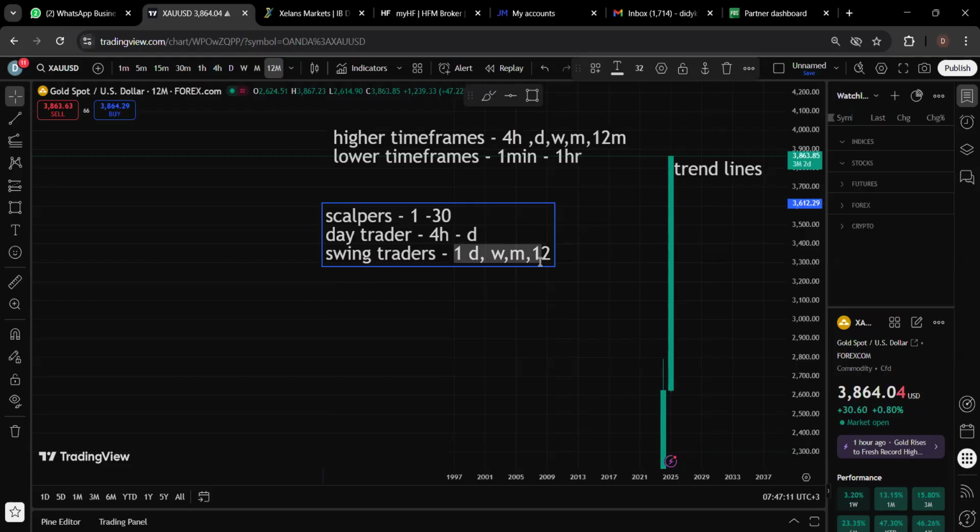So after learning all these, it will be up to you to identify yourself with one of these traders, and see which favors you. If you are a swing trader, you can hold a trade for the whole year. Like for me, I do scalping. I scalp gold.